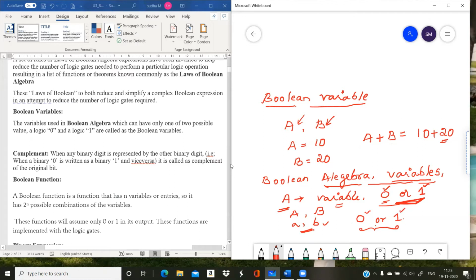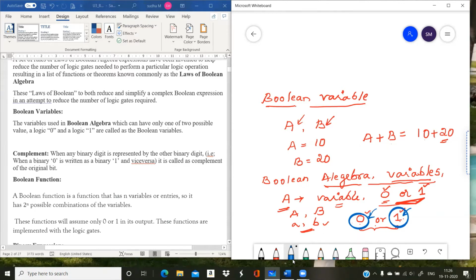Okay. So 0 or 1 is the only value which can be assigned to any of the variables. So all the mathematical operations we perform in this Boolean algebra are on zeros and ones.